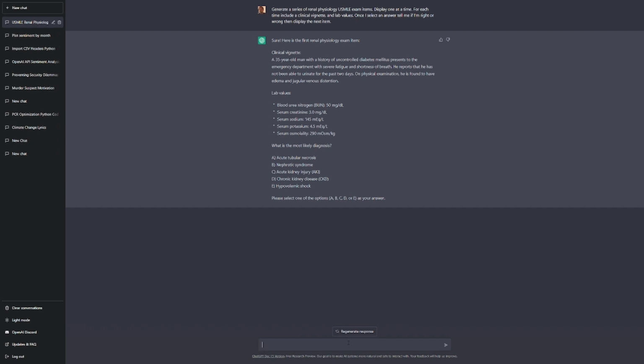The 35-year-old man with a history of uncontrolled diabetes mellitus presents to the emergency department with severe fatigue and shortness of breath. He reports that he has not been able to urinate for the past 2 days. On physical examination, he's found to have edema and jugular venous distension. Lab values, BUN.